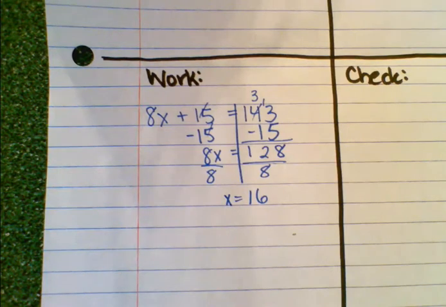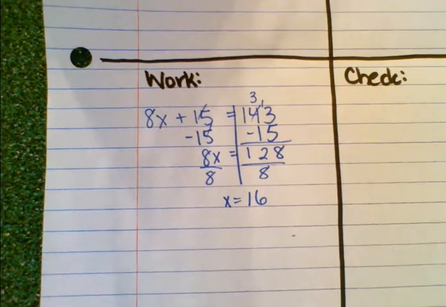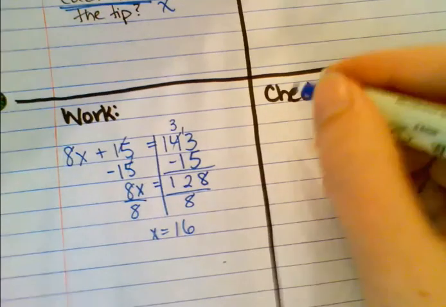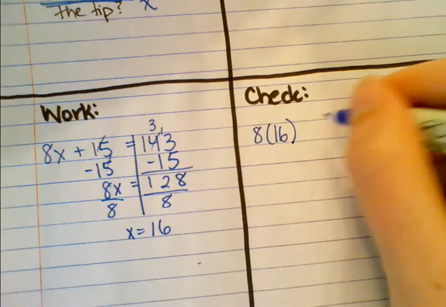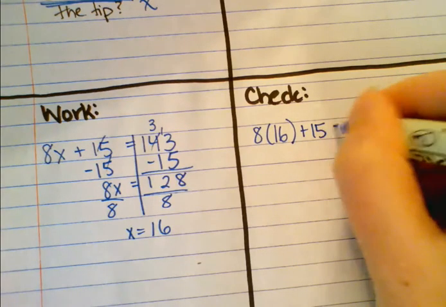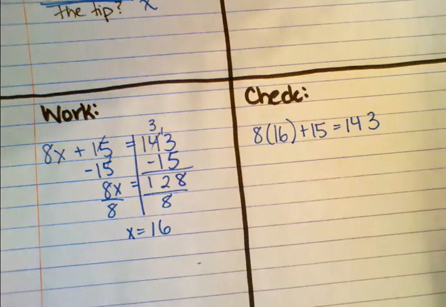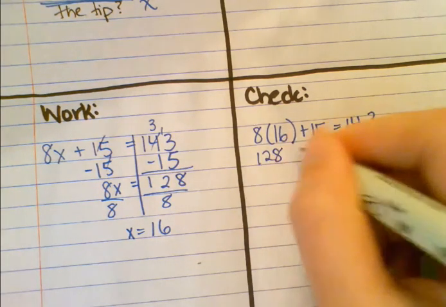Which seems reasonable. Let's double check that this actually is true. So we could plug it back in, so we know we got 8 haircuts, supposedly at each at $16. Paid $15 in tips overall. So 16 times 8 is 128.